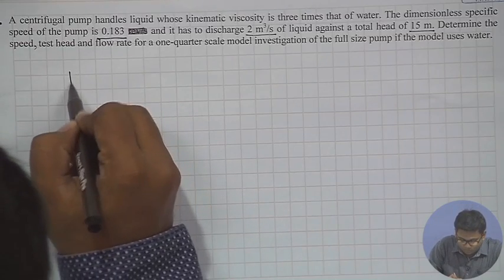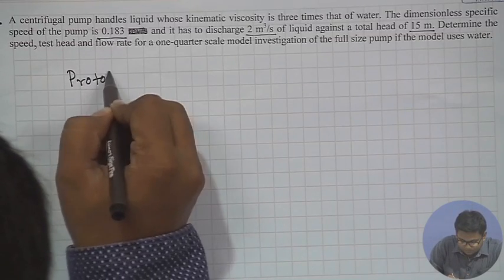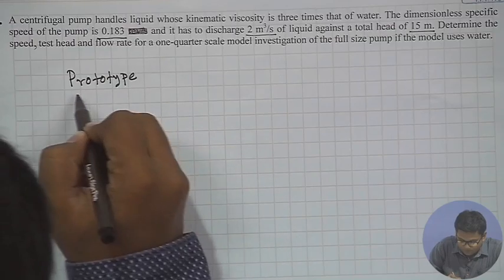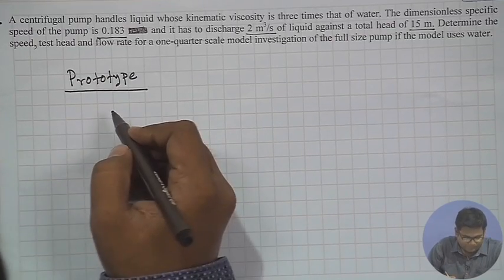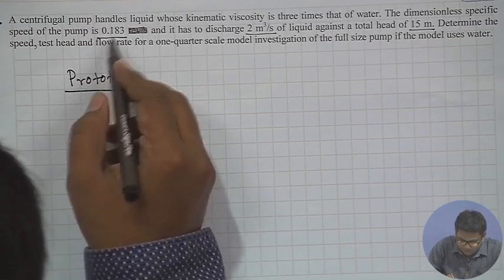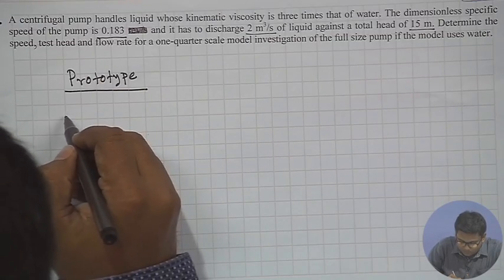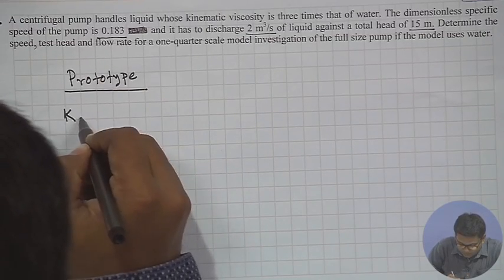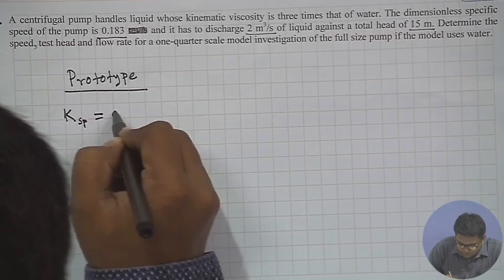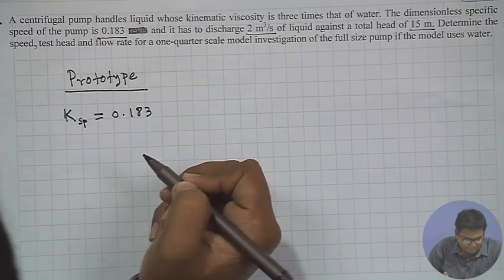So, the prototype centrifugal pump. For the prototype pump it is given that the dimensionless specific speed KSP is 0.183.